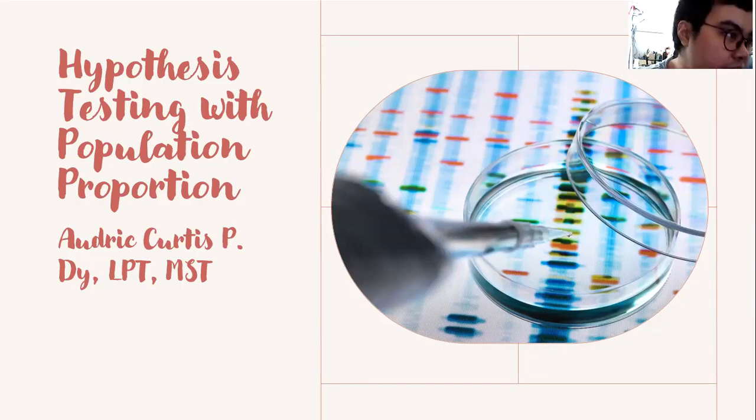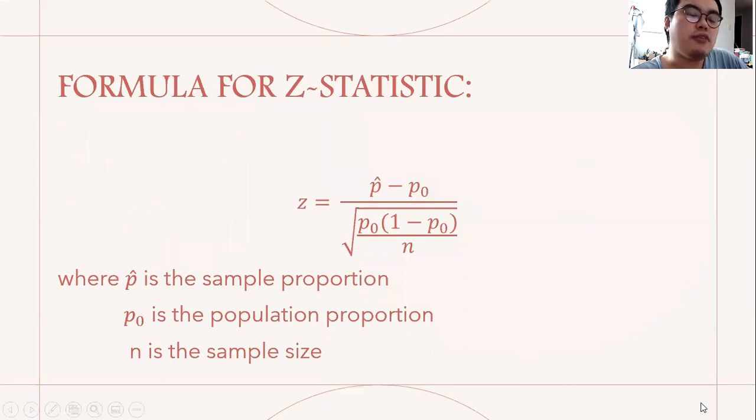So our topic for today is hypothesis testing with population proportion. This is the formula wherein we're going to find the z-statistic according to the hypothesis testing with population proportion. So p hat is the sample proportion while p sub 0 is the population proportion while n is the sample size. In this numerator, all we have to do is subtract the sample proportion with the population proportion.